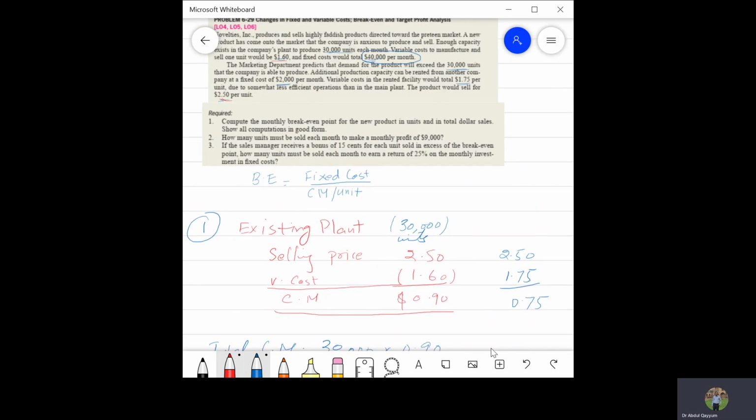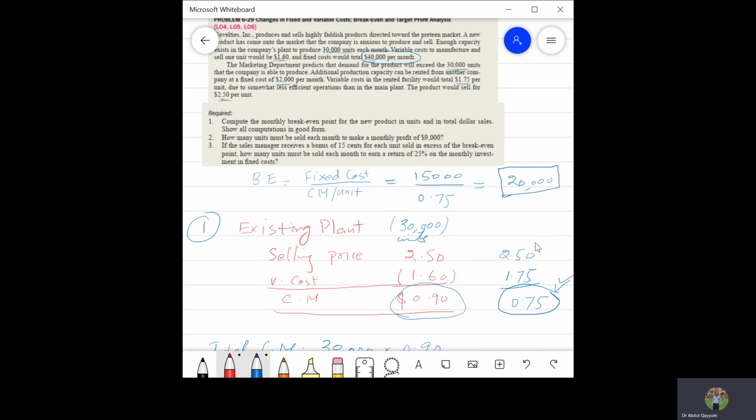Now we can move to our formula. So fixed cost to be recovered is 15,000 divided by our rented capacity contribution margin, because we will use this rented capacity to create additional production, since our existing capacity of 30,000 is full. Therefore we cannot take this contribution margin; rather, to attain break even we will use the additional capacity that we have rented. So this will take us to 20,000 units.